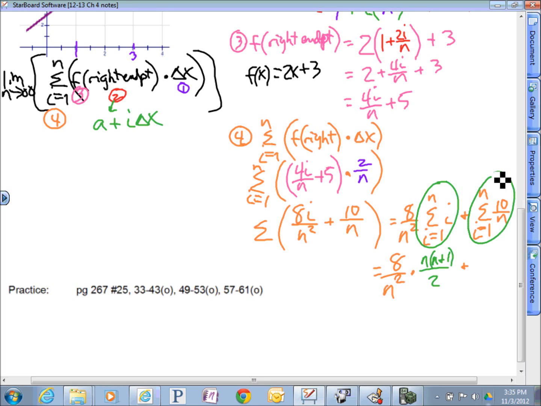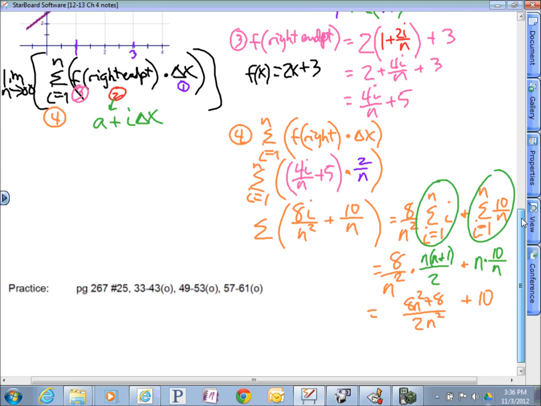Isn't it n times 10 over n? So if we start cleaning all of this stuff up, we're in great shape. This is a 10, and this is really 8n squared plus 8 over 2n squared. And I'm going to stop right there.